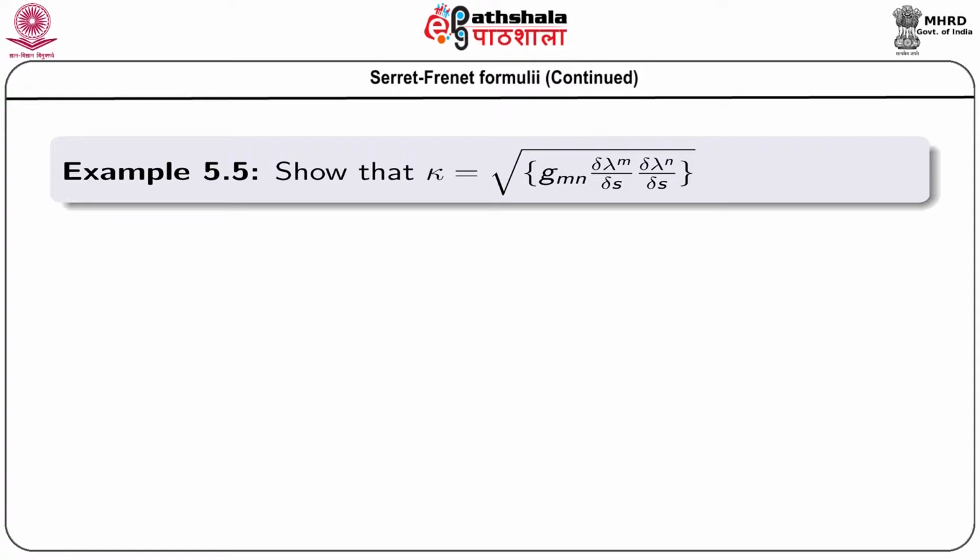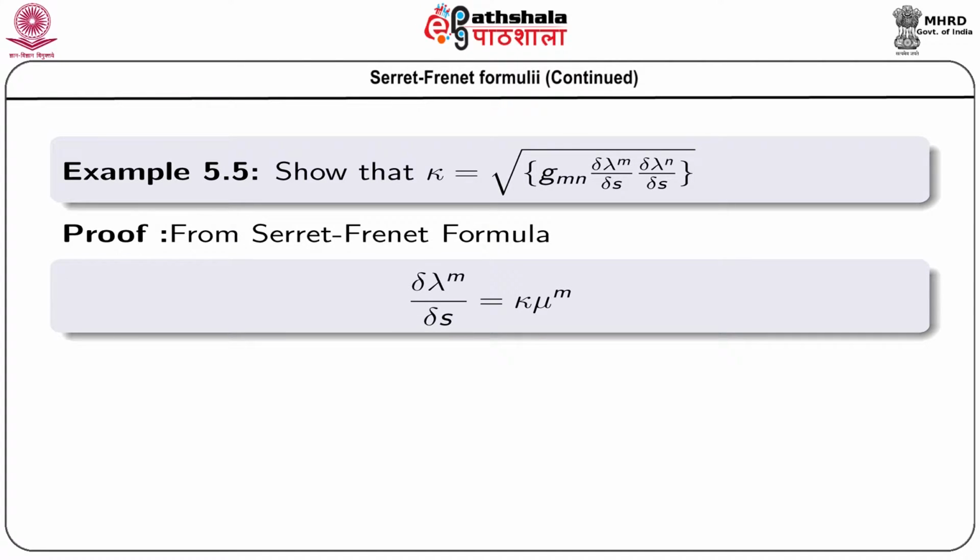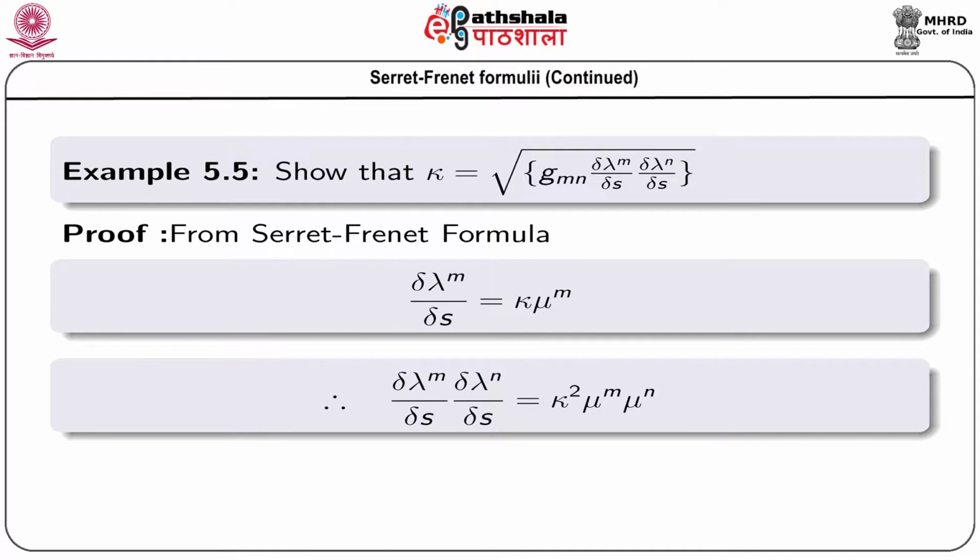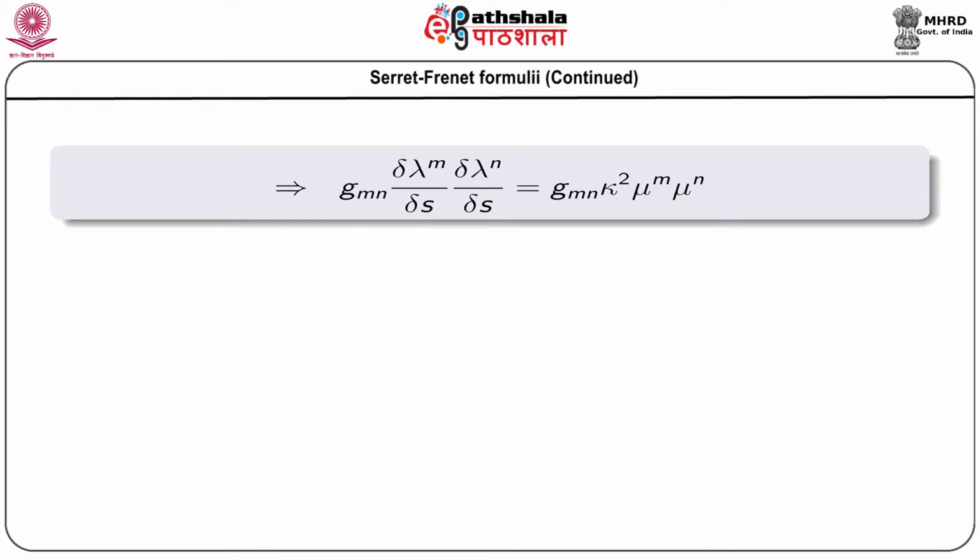So, here curvature is the square root of g_mn dλ^m/ds dλ^n/ds, because from the Serret-Frenet formula we know that dλ^m/ds equals κ μ^m. So, dλ^m/ds times dλ^n/ds equals κ² μ^m μ^n, and if we multiply both sides by g_mn, then it will be g_mn dλ^m/ds dλ^n/ds equals g_mn κ² μ^m μ^n. Now, g_mn μ^m μ^n is equal to 1.